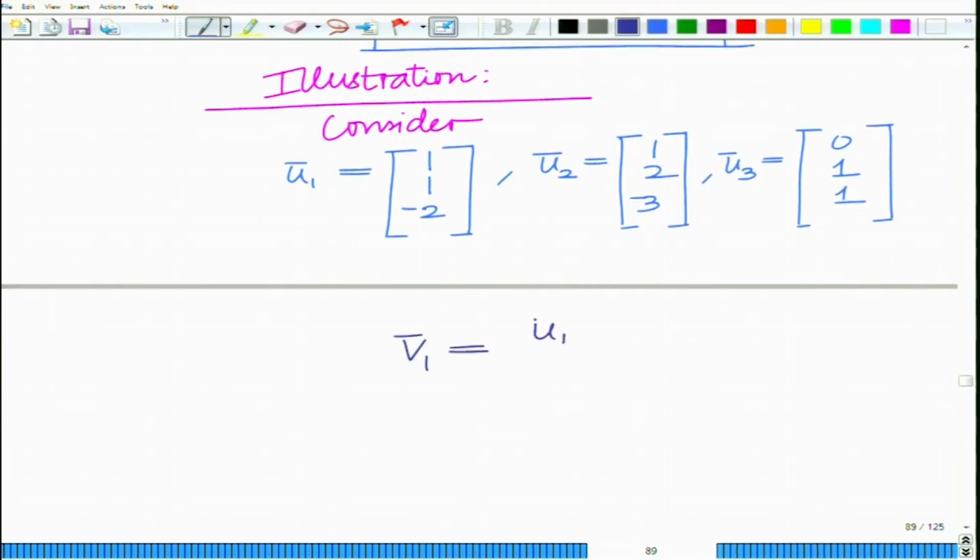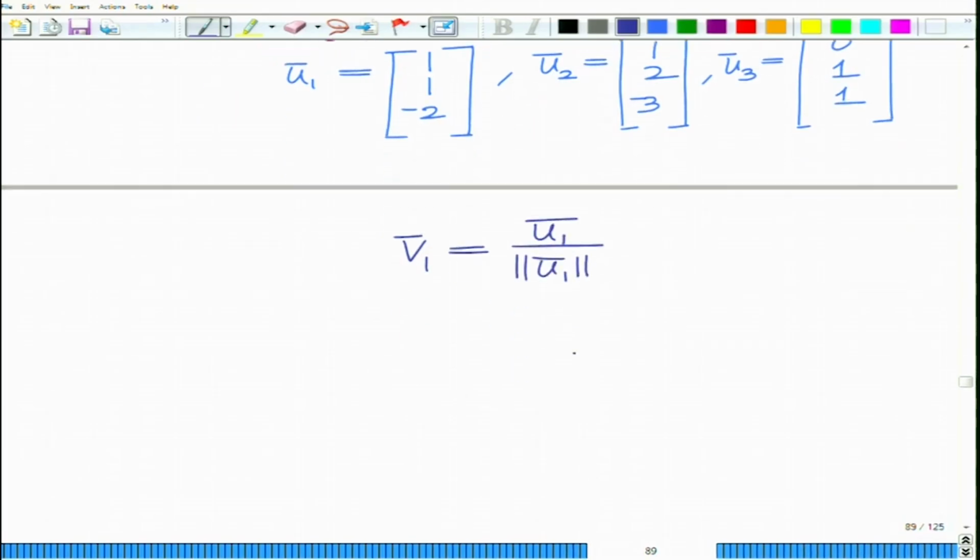equals U1 bar divided by norm U1 bar. Now observe that norm U1 bar equals square root of 1 square plus 1 square plus 2 square, which equals square root of 6.